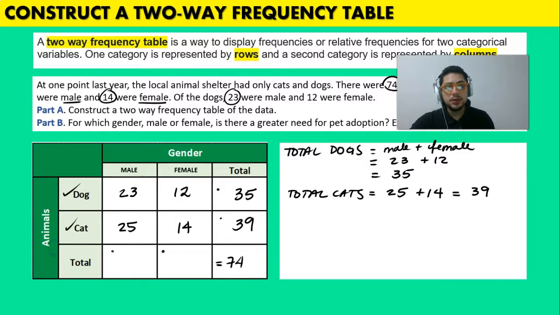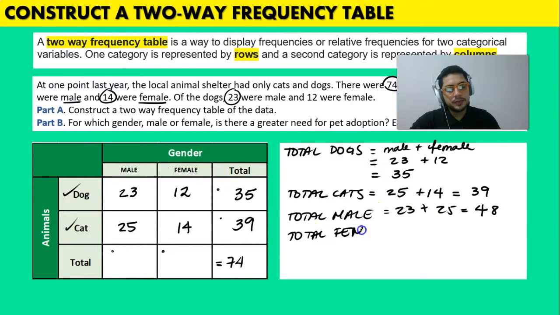Now that we got the total of dogs and cats, we can also get the total male animals and the total of female animals. The total male animals are going to be the amount of male dogs plus the amount of male cats, which is going to give us a total of 48. Also, the total of female animals is going to be the female dogs, which is 12, plus the female cats, which is 14.